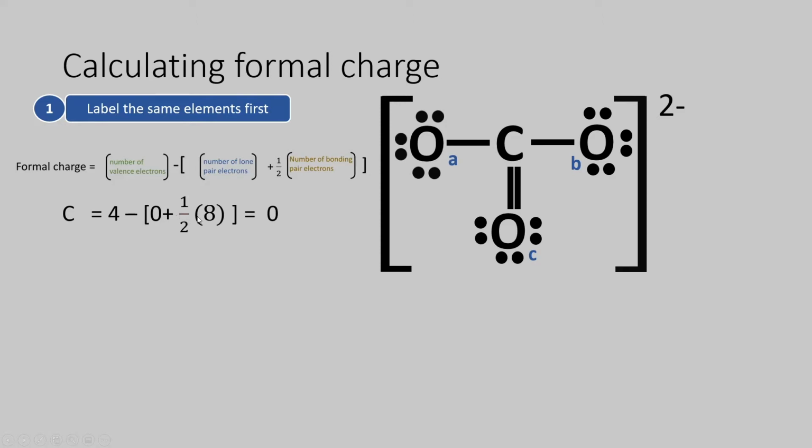Tambah dengan half number of bonding pair electron. Okay, nampak tak? Dekat carbon ni, dia ada 4 bond. 1, 2, 3, 4. So, maksudnya bilangan elektron yang bonding dia is 1, 2, 3, 4, 5, 6, 7, 8. So, 8. So, kalau you tekan kalkulator, 4 tolak 0 tambah 8 per 2.